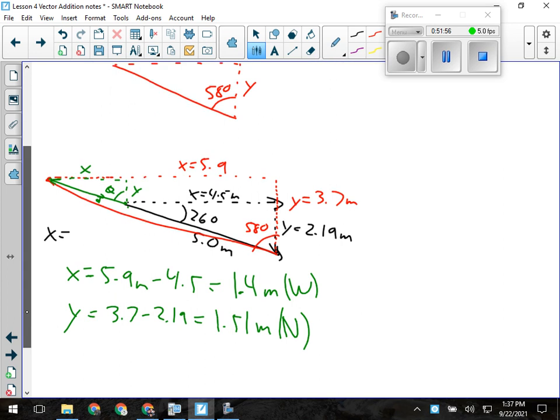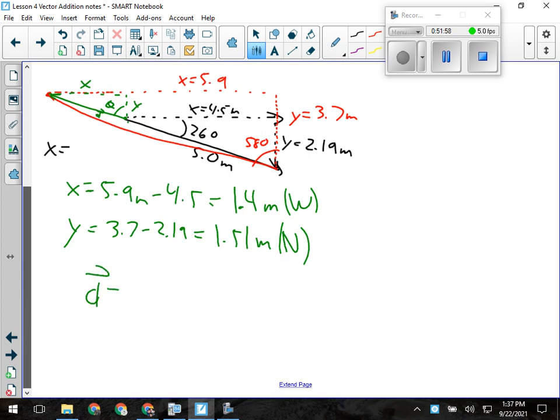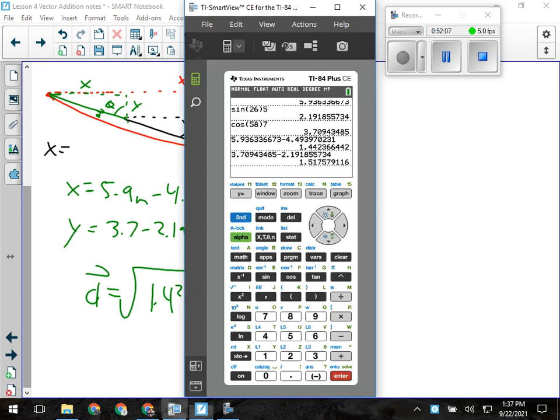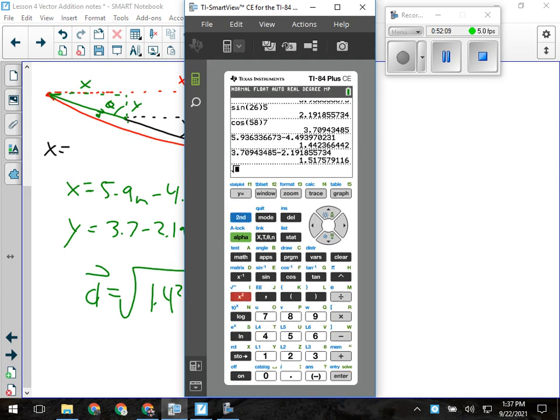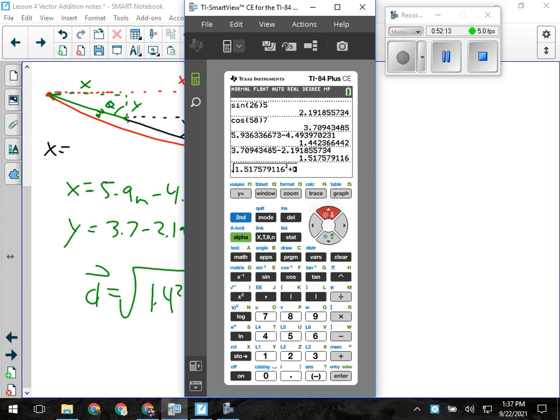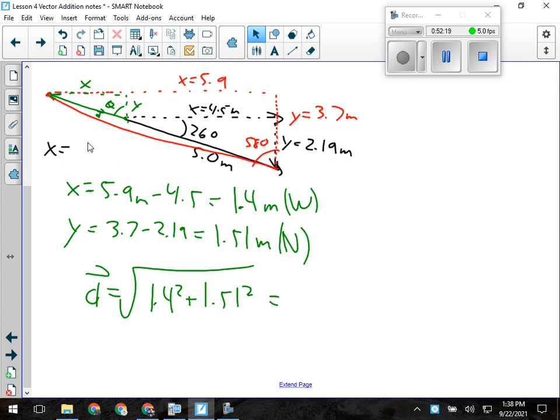So if I want to get D, D will be the square root of 1.4 squared plus 1.51 squared, obviously using all the decimals in my calculator for that one. So we're looking at 2.1 for our overall, 2.1 meters. And then our angle, tan to the minus 1.